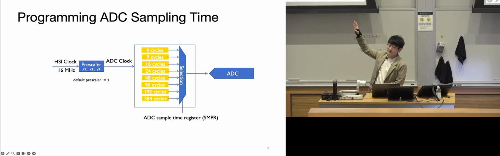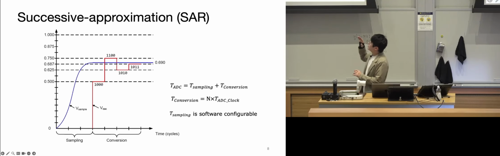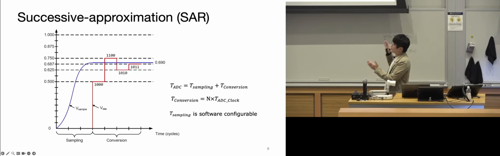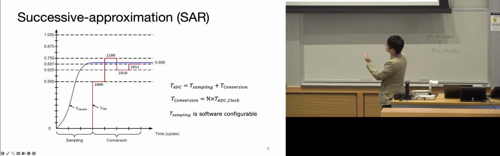Once that value is sampled, it becomes the ADC value. From a high-level point of view, this is how long sampling and conversion take, the whole ADC sampling time.